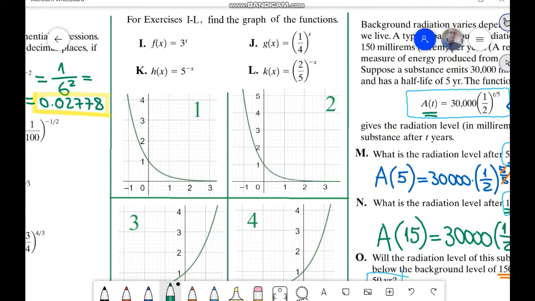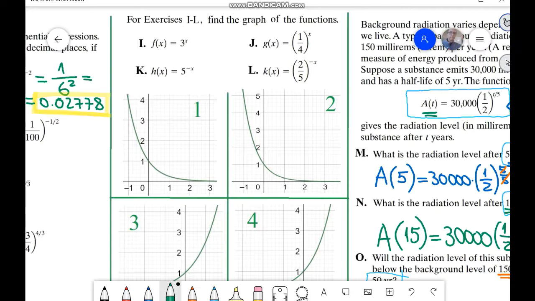For questions I to L, I suggest you try the PhotoMath app. So you get the app right on your phone, take a picture of the function, let's say the first one, f of x equals 3 to the x, and then at the bottom you're going to find the graph.